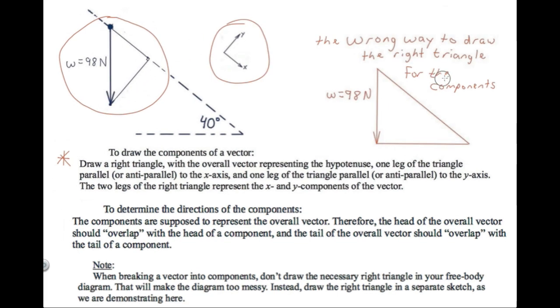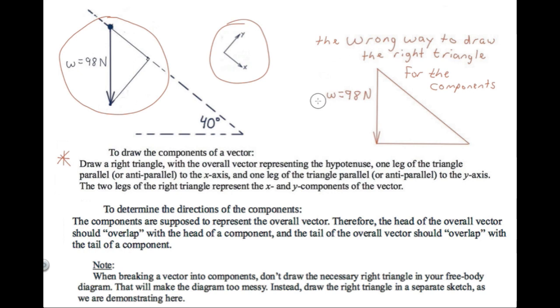Here's a common student mistake. This would be the wrong way to draw the right triangle for the components for this problem. On the problem in the previous video, we chose horizontal and vertical axes. So on that previous problem, it was correct to draw a right triangle with horizontal and vertical legs to represent the components.